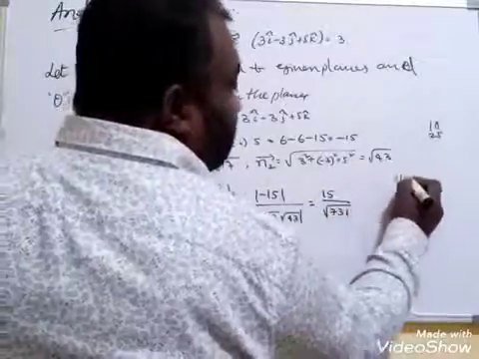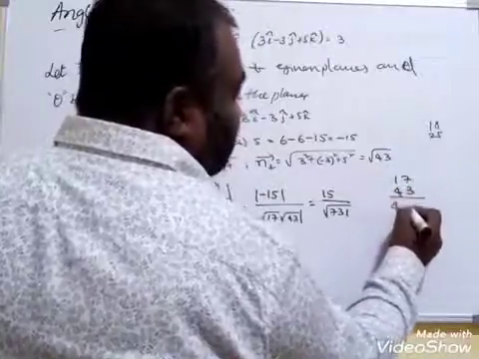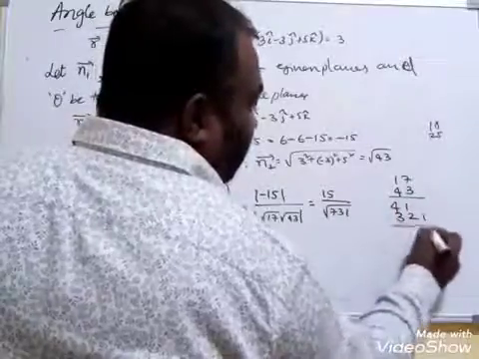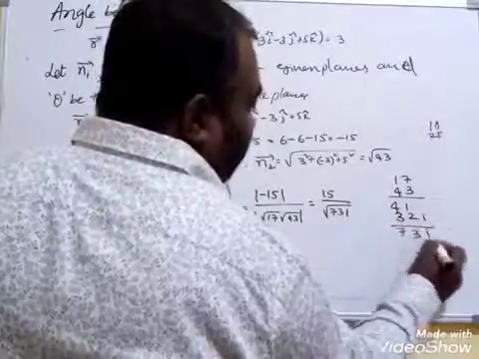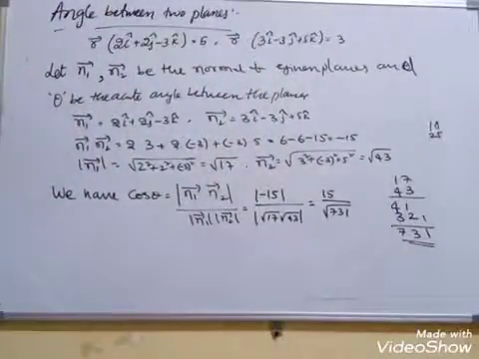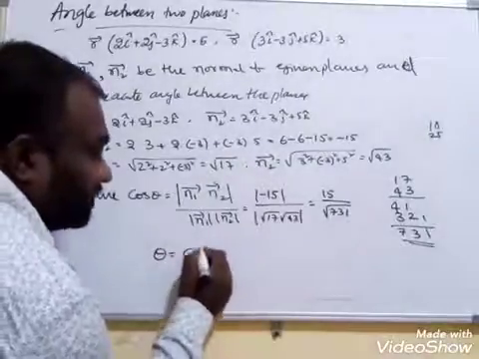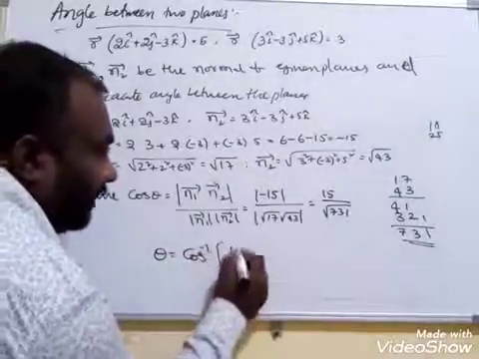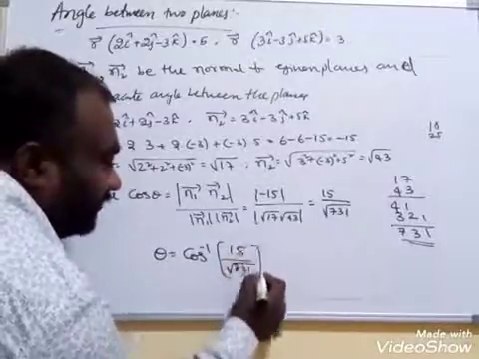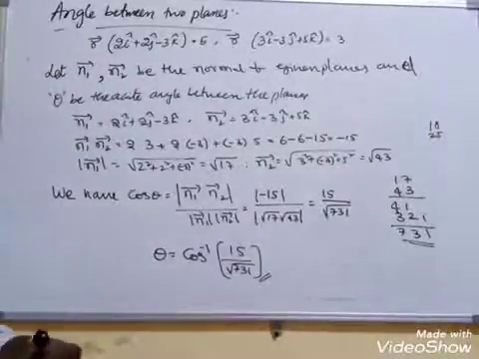Why? Because 17 into 43 is 731. This is the cos theta. Therefore theta is equal to cos inverse of 15 by root of 731. This is the simplest way to find the angle between the planes.